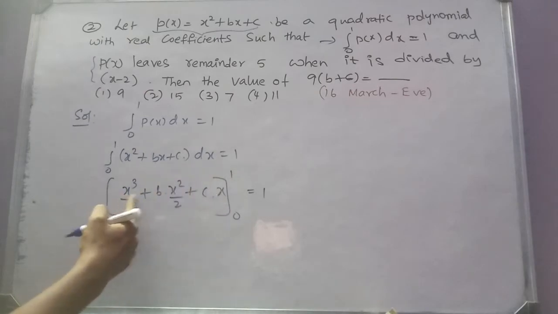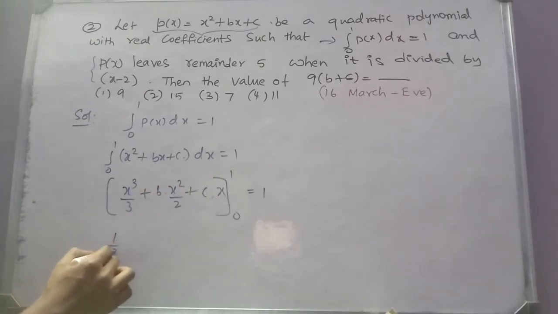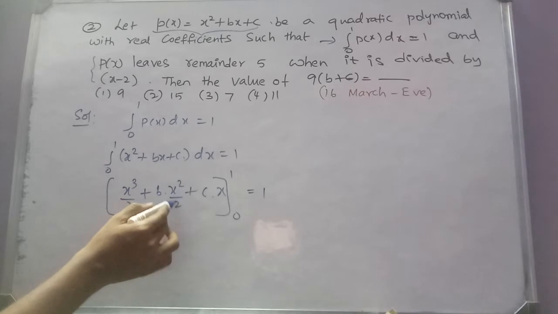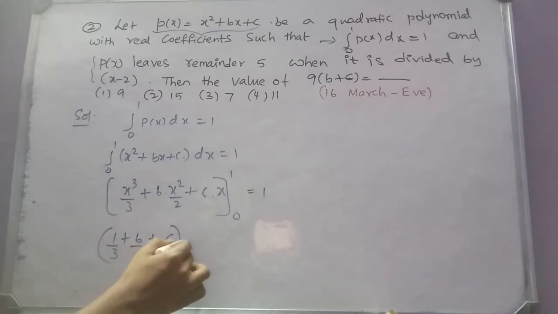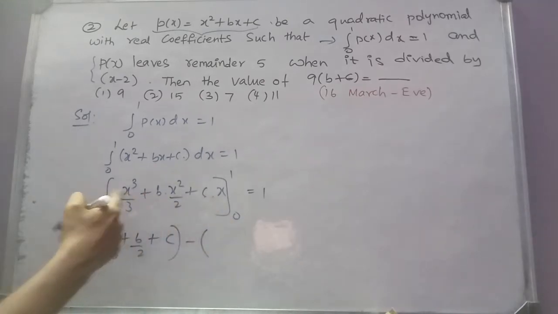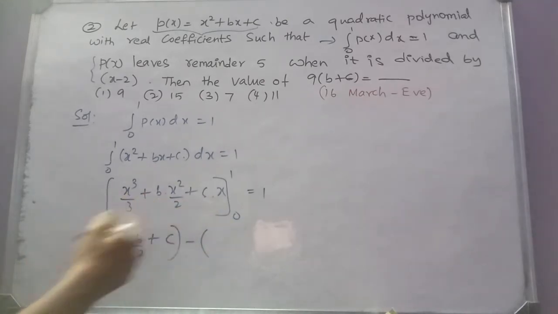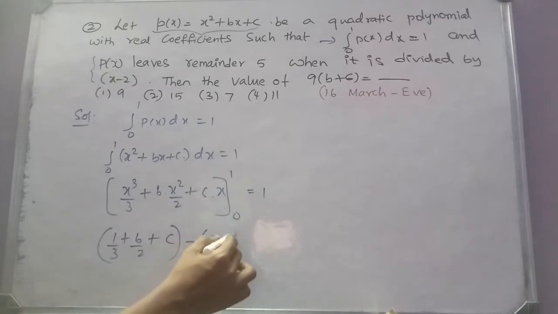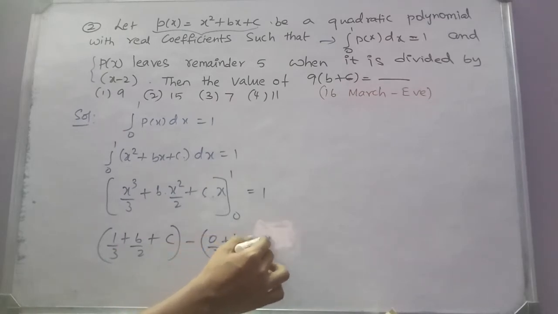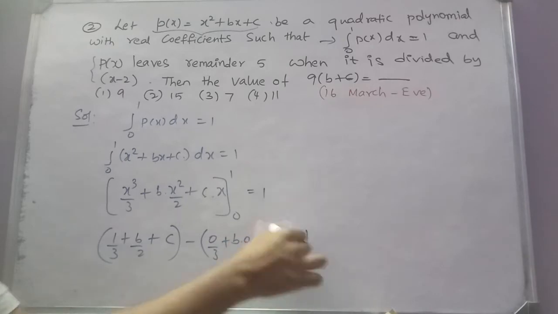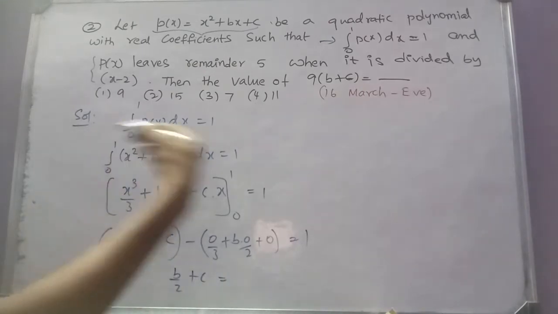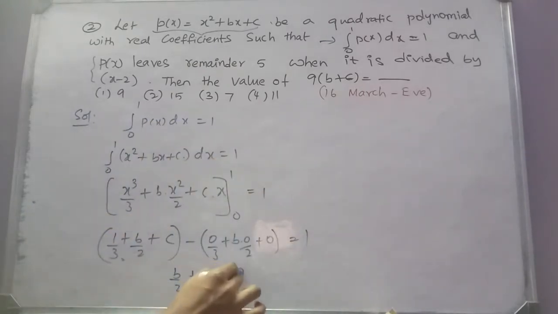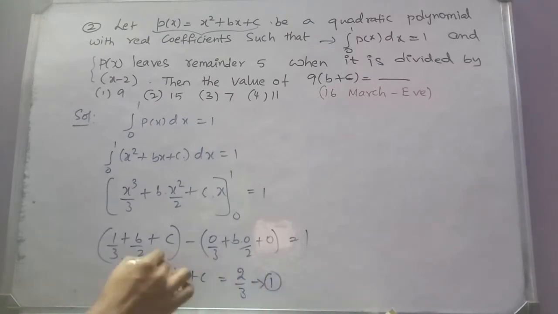First let us substitute 1 in all these places. Then you will get 1 cube by 3 is 1 by 3 plus b into 1 square by 2, so b by 2, plus c into 1, minus the value at 0. When you substitute 0, all three terms are 0. So this entire thing can be ignored. Therefore I will get b by 2 plus c equal to 1 minus 1 by 3, which is 2 by 3. So this is our first equation containing b and c.